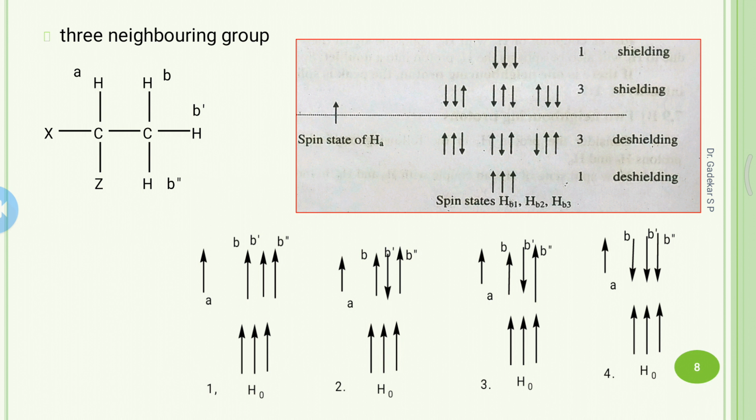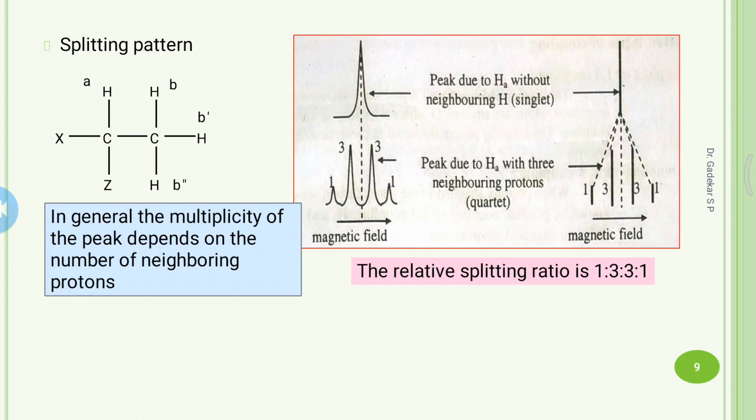Applying the N plus 1 rule, A is its own proton and N is the neighboring protons. How many neighboring protons are present? Three neighboring protons are present. 3 plus 1 means 4 splitting signals. This is the splitting pattern of three neighboring protons.